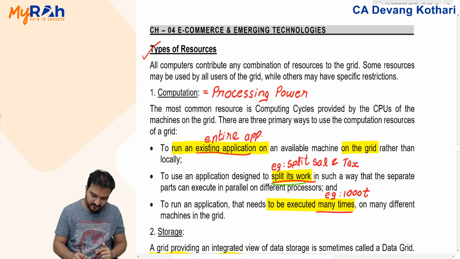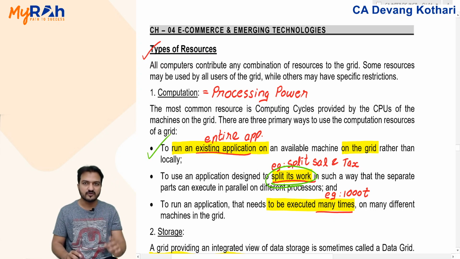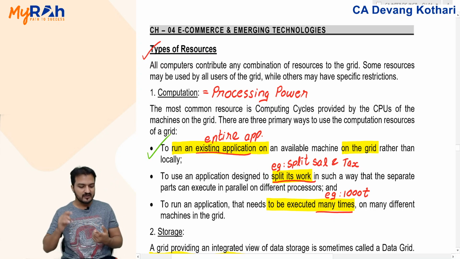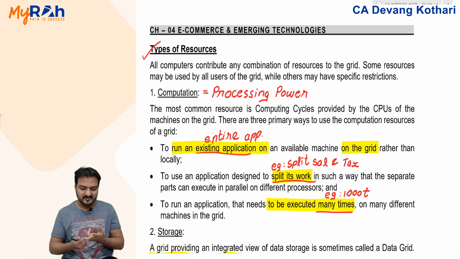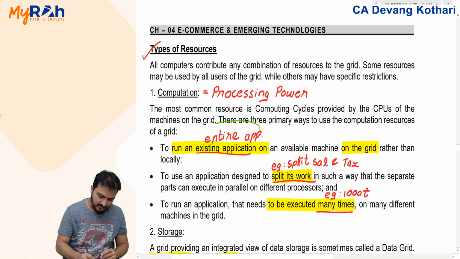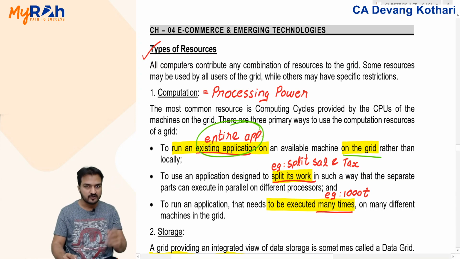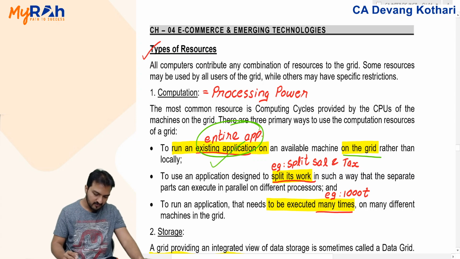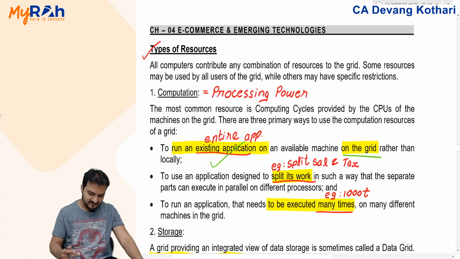That is like splitting the app work. Or I can run the entire app on the grid, meaning my computer will neither calculate salary nor tax for any of the transactions. All the work is given to the grid. That is like the entire app being transferred to the grid. These can be my different methods of sharing the processing power.